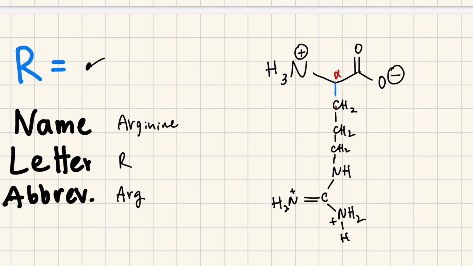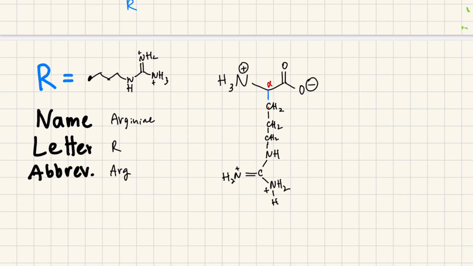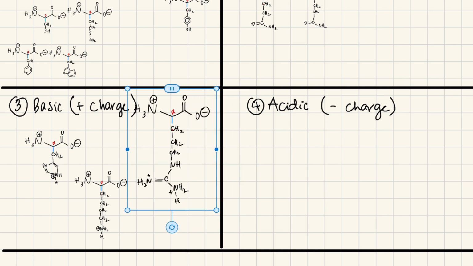So it's 1, 2, 3 carbons, then an NH, then an NH2 plus, then an NH3 plus. So arginine can actually have 2 positive charges. Fun fact about arginine is that because of that, it tends to migrate further on charge gradient gels than other amino acids. Yeah, I forgot a whole box.